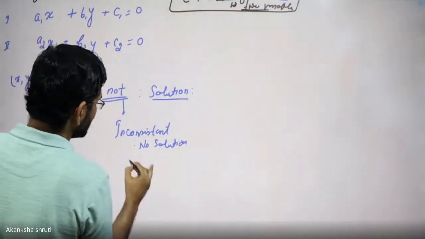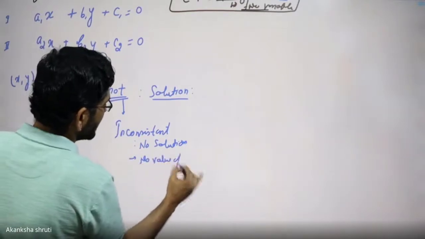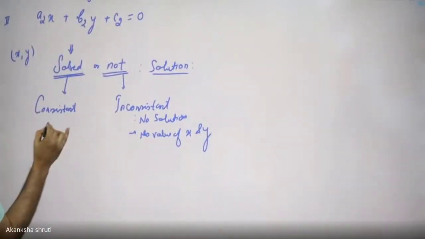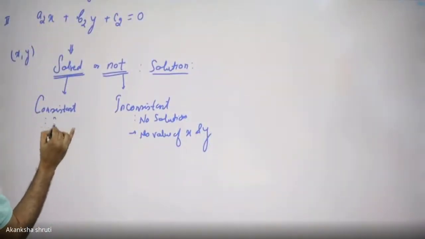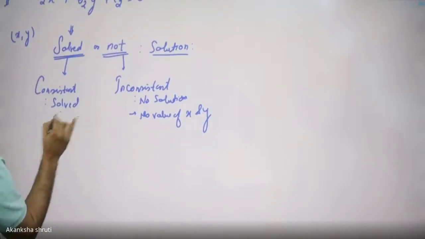No solution means no value of x and y, no pair at all. If it is consistent, meaning it can be solved, then while solving, two situations arise.